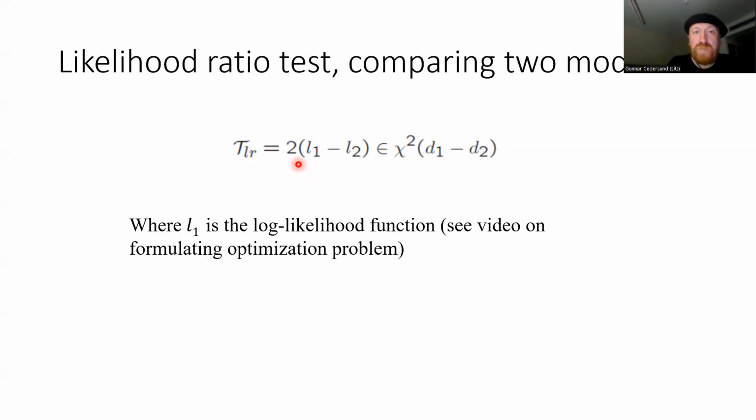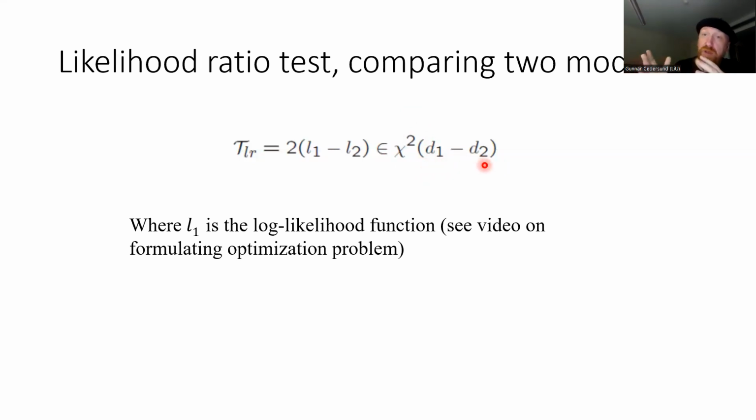So here you're simply comparing the costs, and if the cost improvement is smaller than the cumulative chi-square distribution, where the degrees of freedom is the number of parameters that you added.